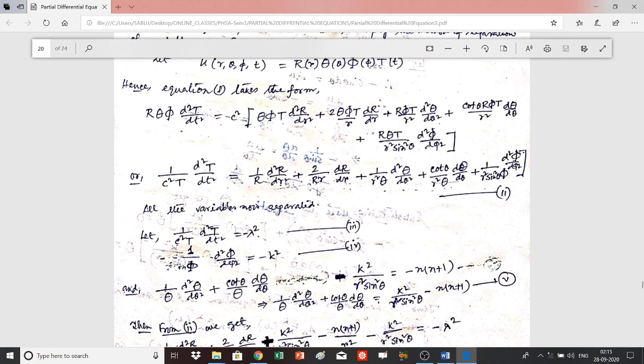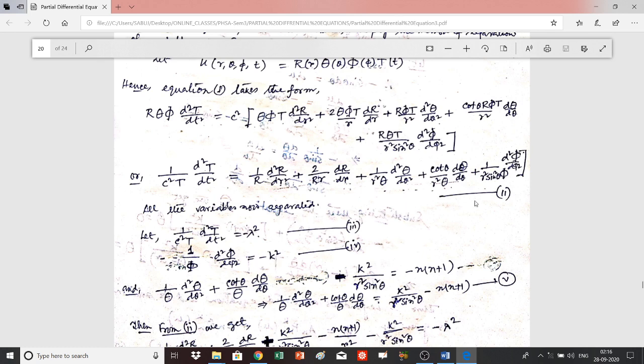So once again we consider this as minus λ², and (1/Φ) d²Φ/dφ² is equal to minus k². Now from these two terms we write (1/Θ) d²Θ/dθ² and cot θ/Θ dΘ/dθ, and after that this term is minus k²/(r² sin²θ), because (1/Φ) d²Φ/dφ² equals minus k².